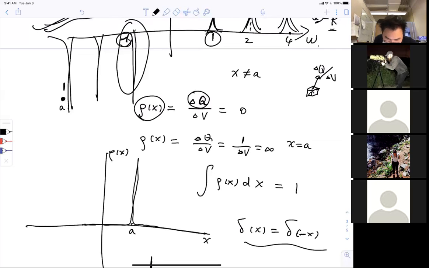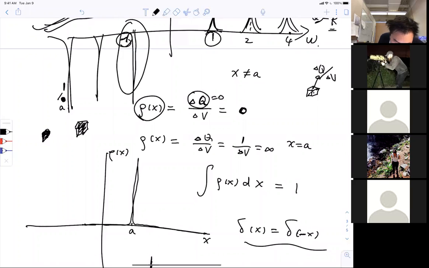And for a point charge at A, when you look at the position outside this point, then there's no charge inside this volume. So this guy is 0, you get 0.